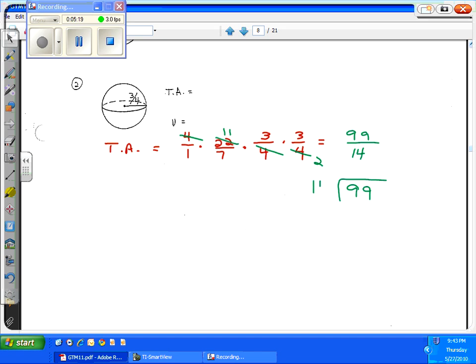If we take 99 divided by 14, it'll go, hang on. Let me pause. Okay, I had glanced at my teacher's edition and I'd made a mistake, so you need to make a correction there in the teacher's edition.